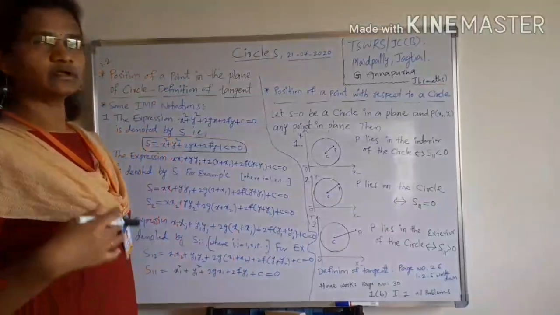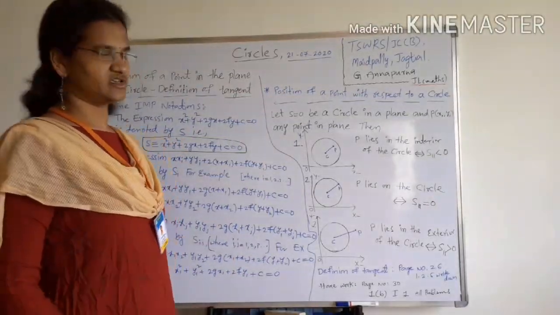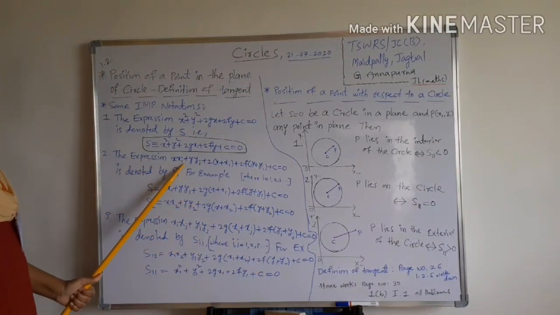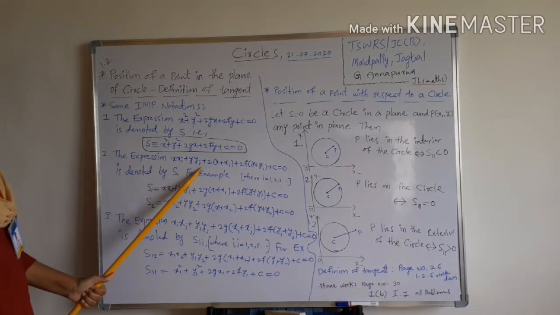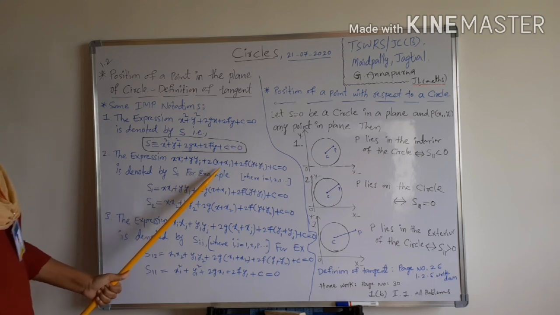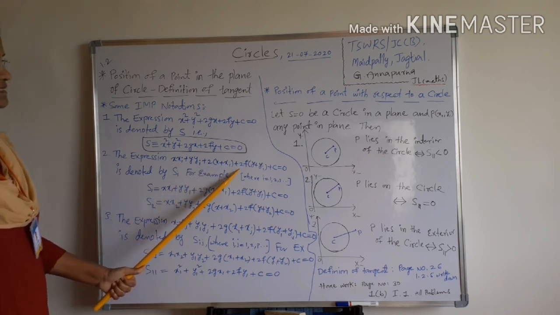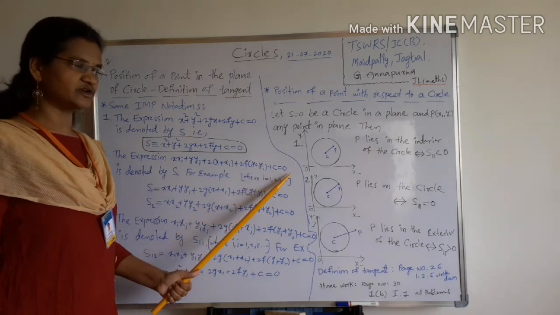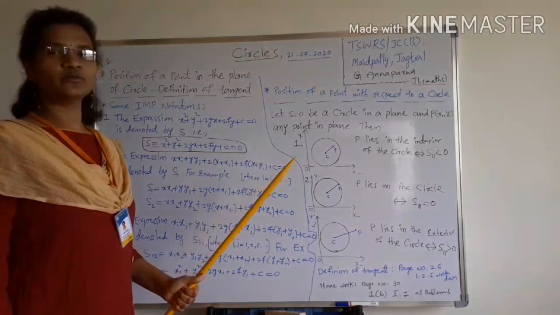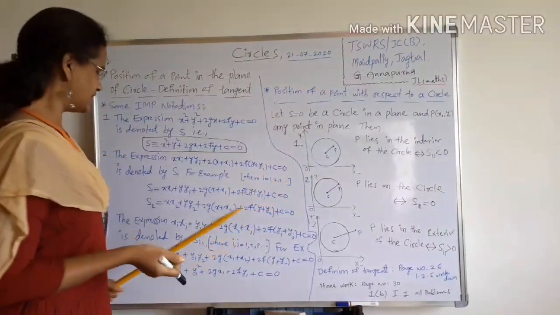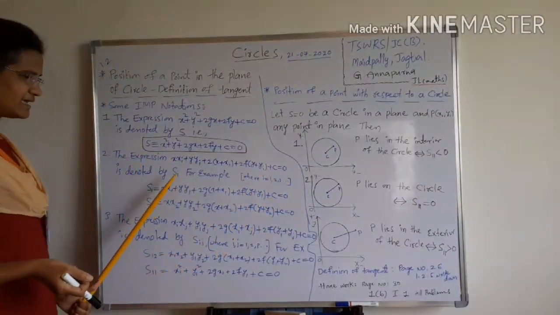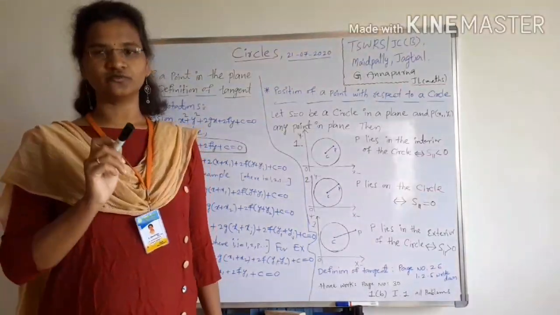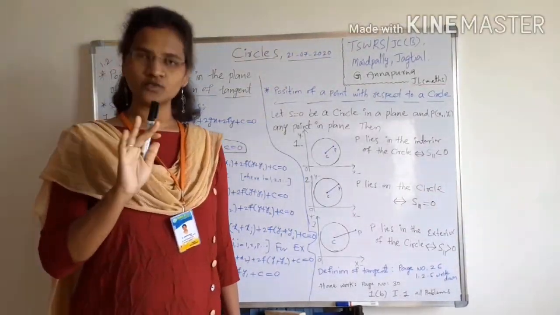Next, coming to the second notation. See, the expression x xi plus y yi plus 2g of (x plus xi) plus 2f of (y plus yi) plus c is equal to 0. This is one more notation, denoted by Si, that means i is 1, 2, 3, and so on.